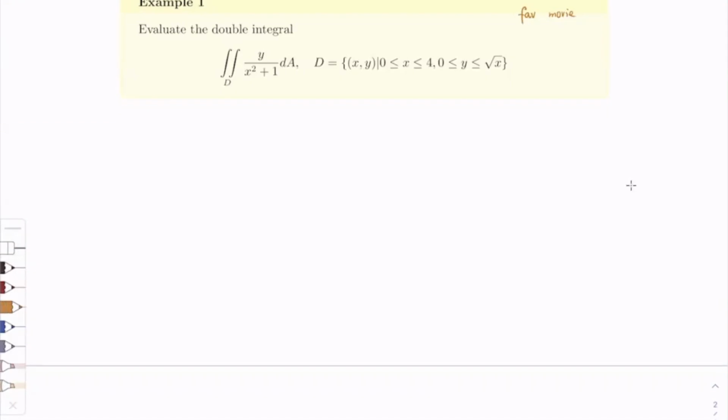Anyway, first of all, let's check the region and check if it's type 1 or type 2. We can see that your x lies in between two numbers, and your y is in between two continuous functions, so this is type 1. Since this is type 1 region, we can just use the formula above. So let's go back.